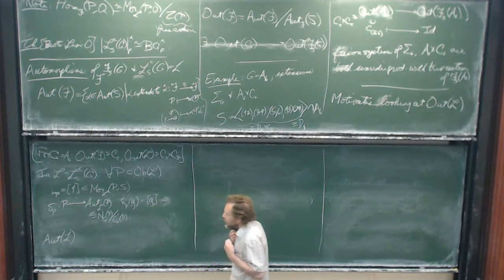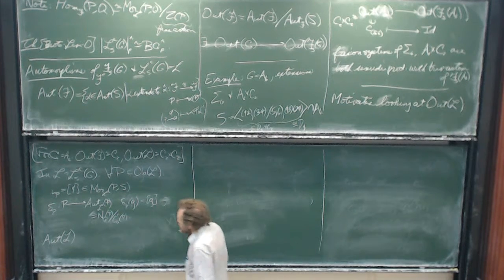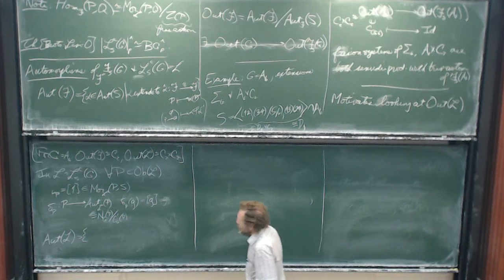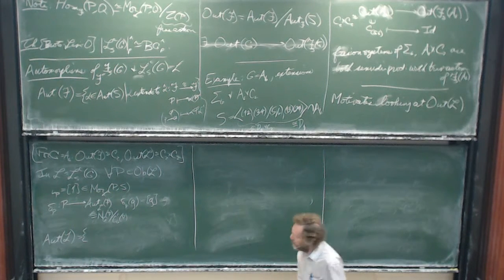And now Aut(L), the automorphisms of the linking system L, is defined to be the group of all automorphisms of the category L that preserve these structures.